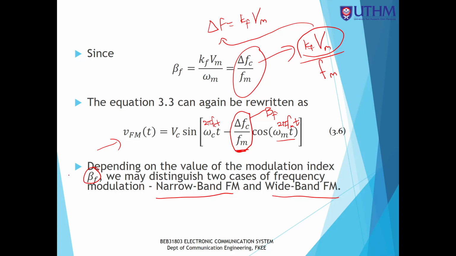The higher the value of beta F, the wider the bandwidth.